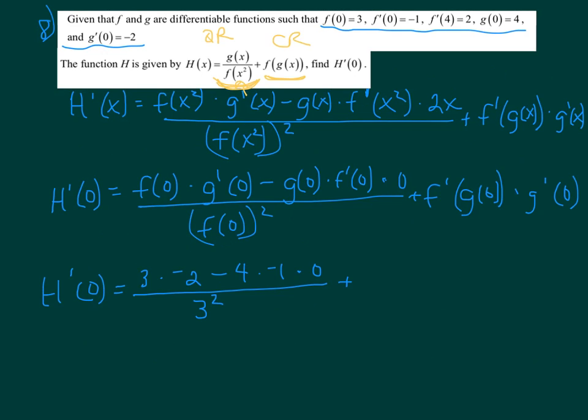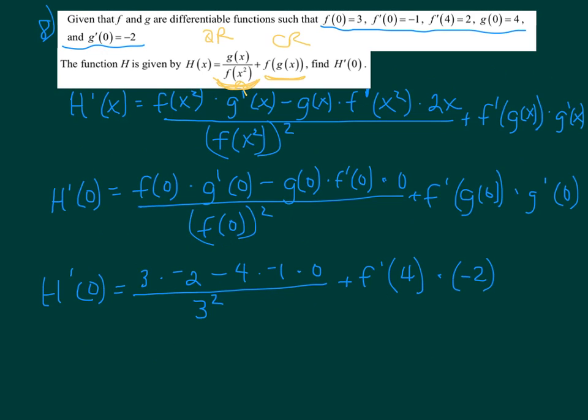Okay, plus f prime of g of 0. So f prime of, well, g of 0 is 4. Then times g prime of 0, which is negative 2.